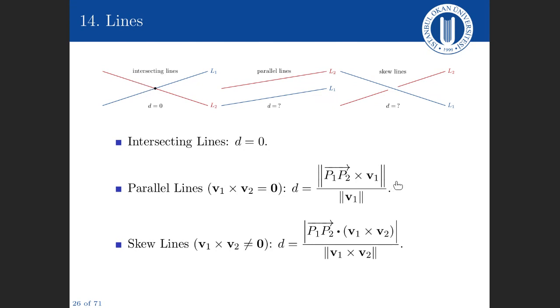The distance between parallel lines is given with this formula, and the distance between skew lines is given with this formula. Parallel lines is when one vector is equal to a multiple of the other vector. That's the same as saying that their cross product is the 0 vector. If the cross product of the two vectors is not the 0 vector, then we know that we must have skew lines.